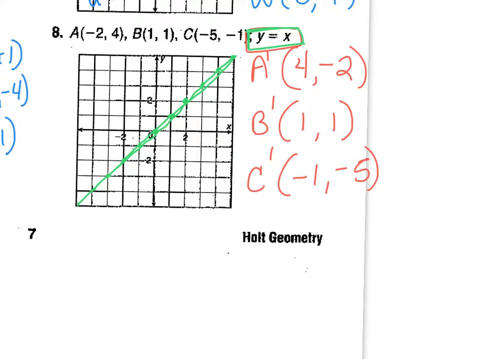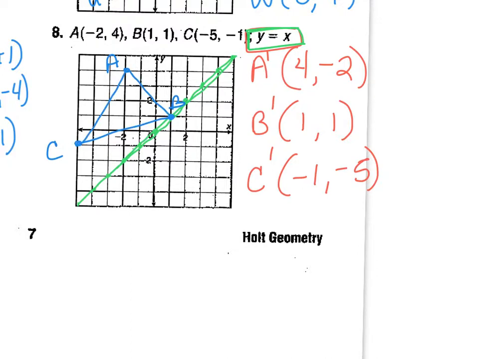And then plot both points. I'm gonna plot the original in blue, so it's negative 2, 4. That is A. 1, 1, it's B. And negative 5, negative 1, that is C. Then I connect those points. So there's a triangle, the original triangle.